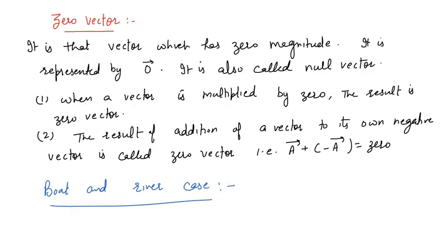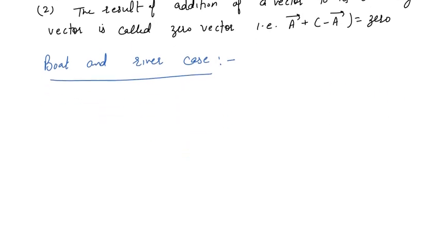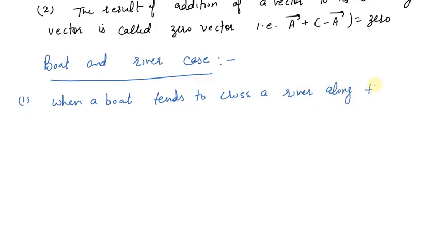In this case, first we take when a boat tends to cross a river along the shortest path.